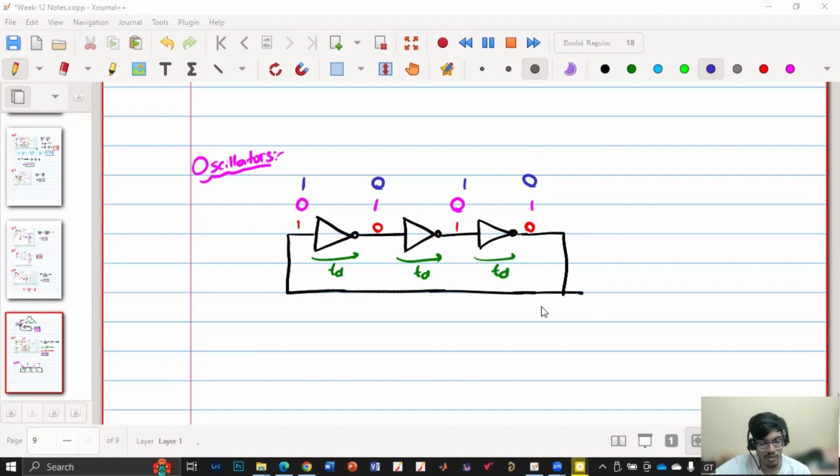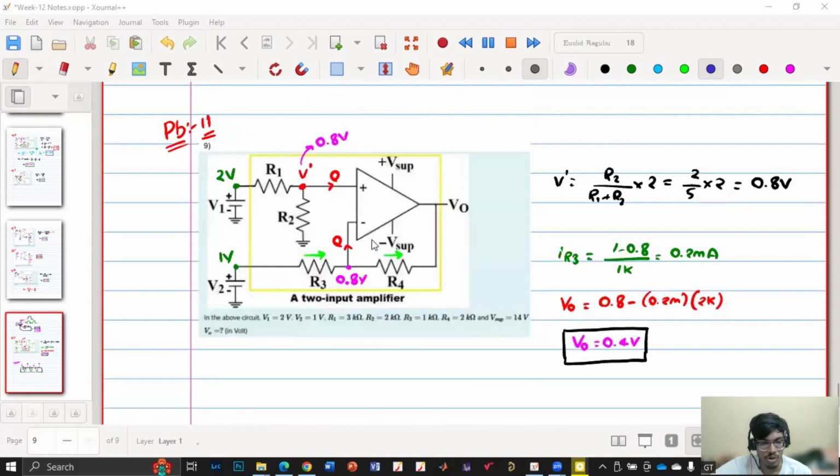So the circuit will keep on working and toggling. If it is to work like an oscillator, it should keep on toggling between plus and minus. So a comparator is a different thing and an oscillator is a different thing. An oscillator will keep on toggling between positive and negative as long as you give supply to this op amp.